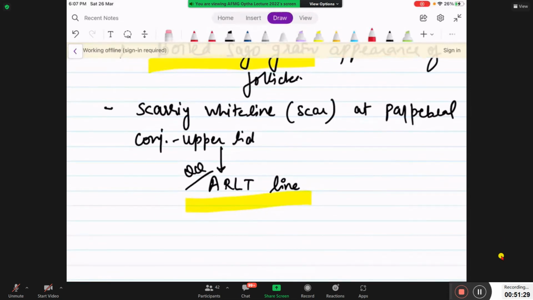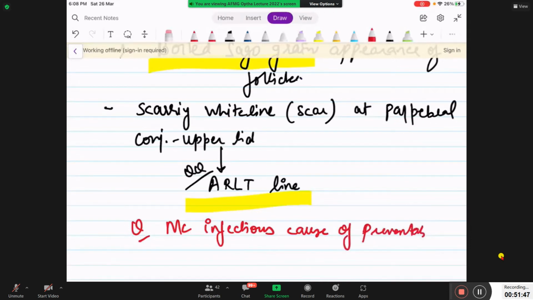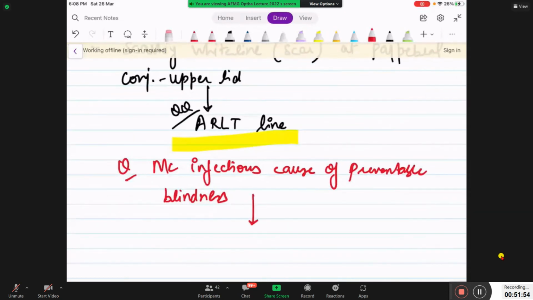Now next, write down. If they ask you the most common infectious cause of preventable blindness, then answer will be trachoma.